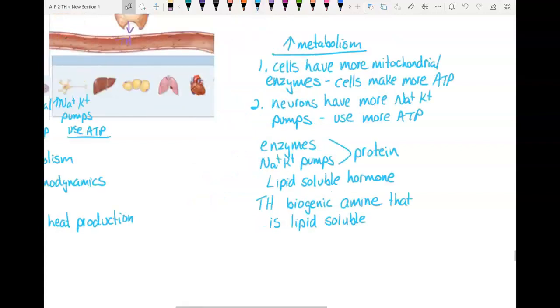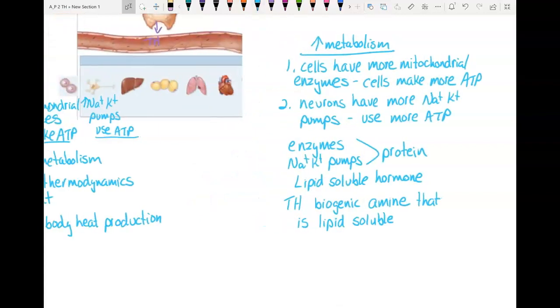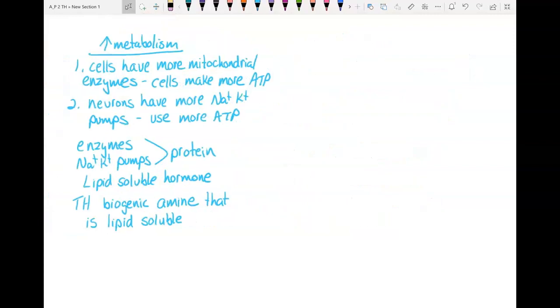Now let's get into the next aspect. The next aspect is providing the fuel for this. We're telling cells to use ATP to make ATP. So if we think about the needs of making ATP, we gave the cells more mitochondrial enzymes, but we have to have the ingredients.